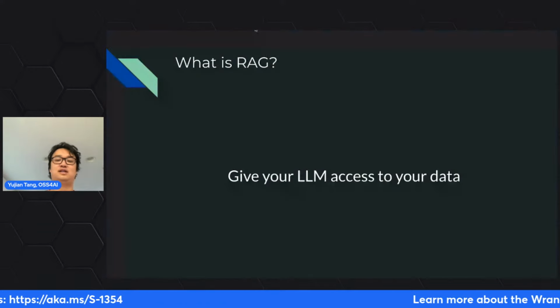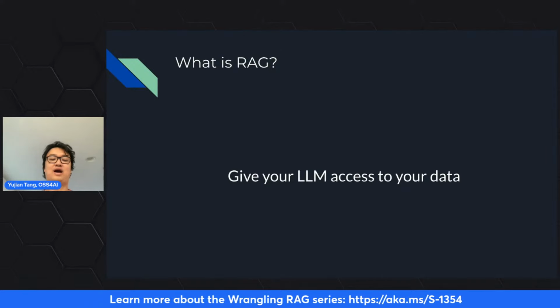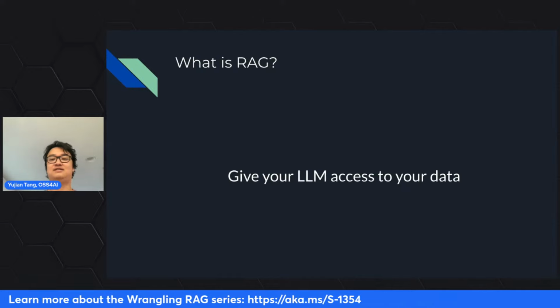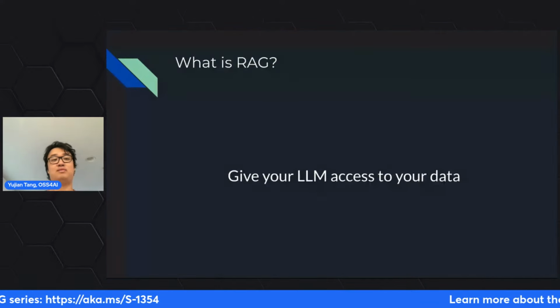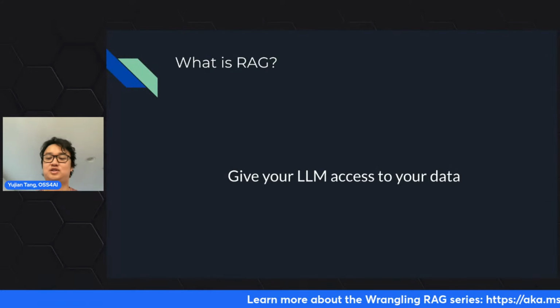So first, let's talk a little bit about RAG. If you have been playing around in the AI space, in the generative AI space for the last year or so, you have probably seen this word thrown around. So RAG is retrieval augmented generation.